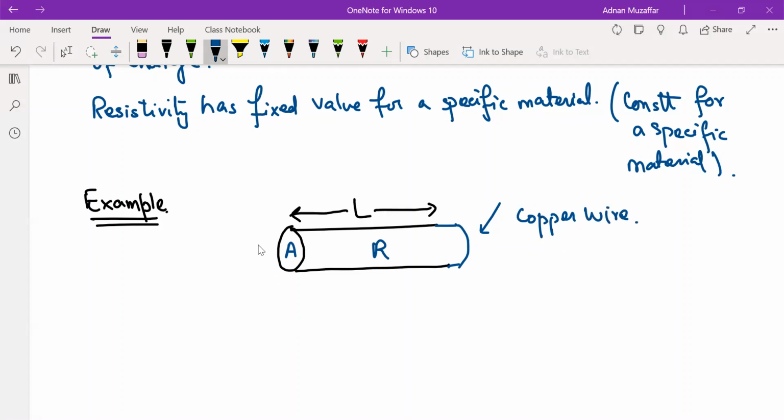There's another copper wire, and its dimensions are such that the area is doubled, but the length is reduced by 4 times, so this is L by 4.